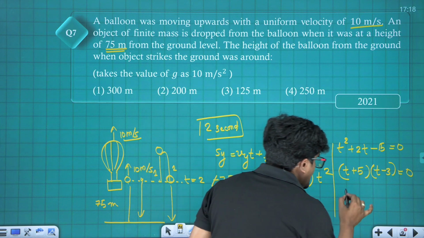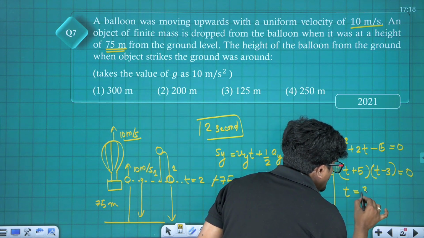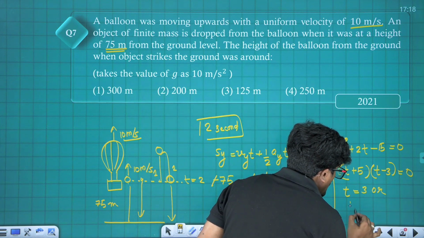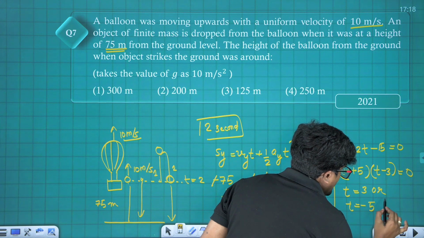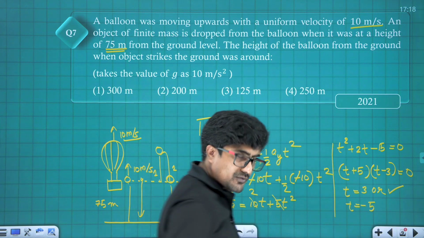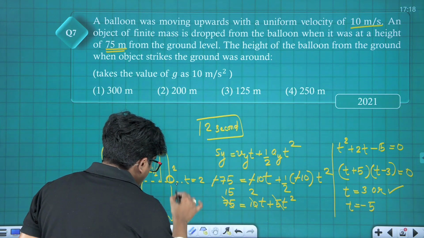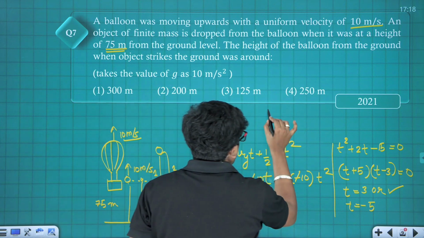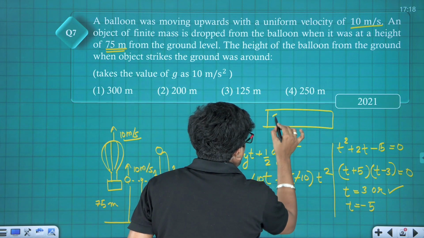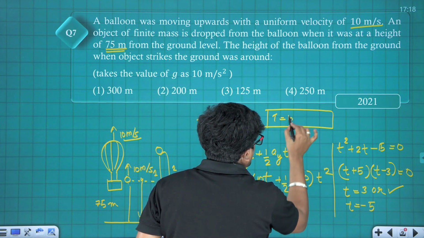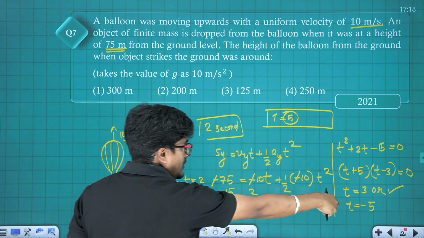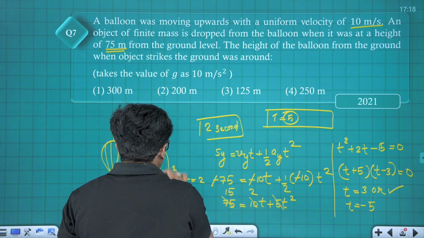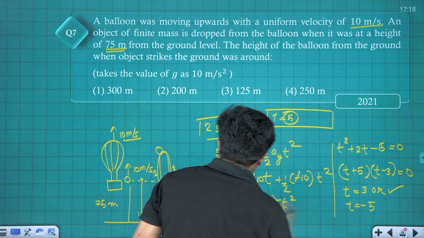So from here I can say that the value of t is going to be 3 or t is going to be minus 5. Of course we will be taking this 3. That means it's going to take another 3 more seconds. So the total time taken is 3 plus 2, that is 5 seconds. Isn't it? 2 seconds here and this additional 3 seconds.